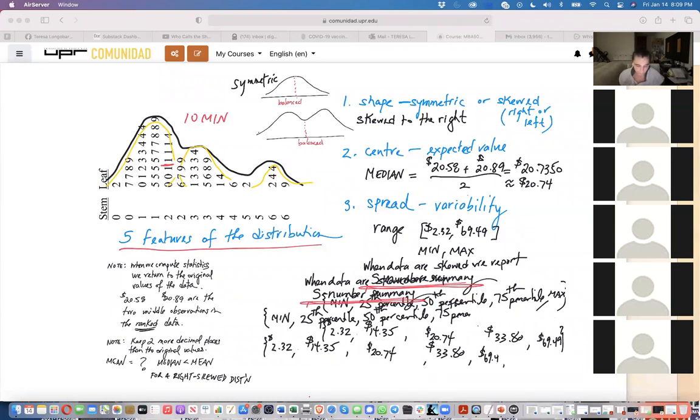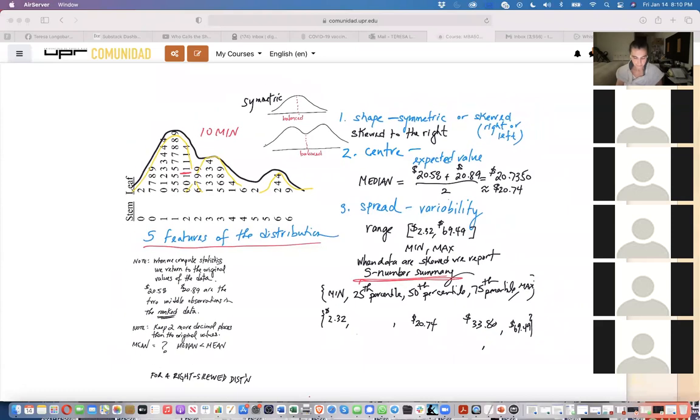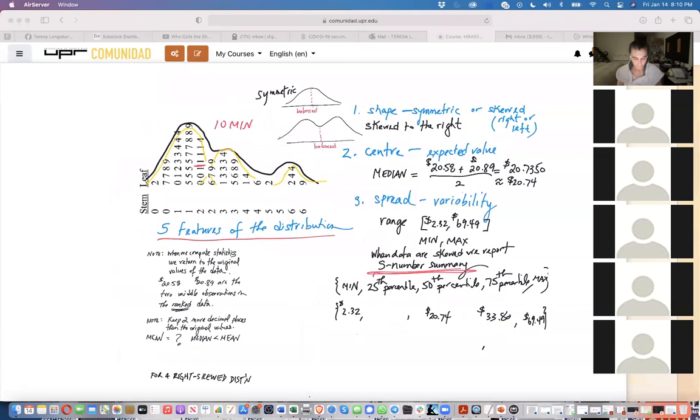That didn't work. Hold on, I have to do this little trick so I can move things.